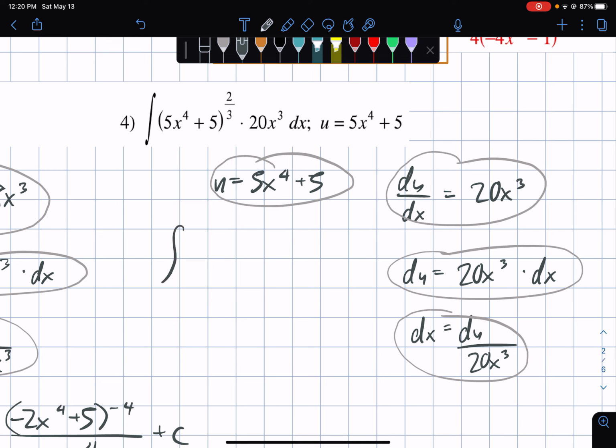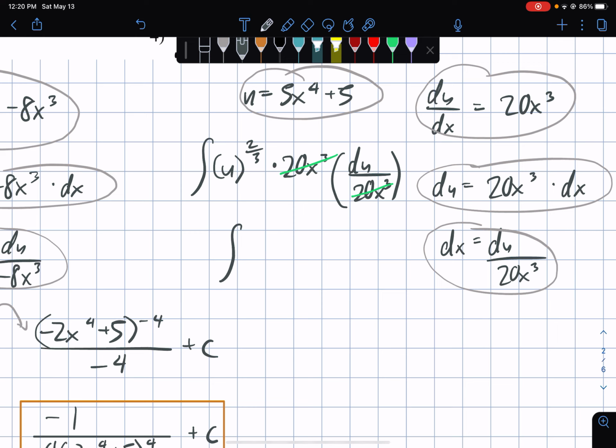Now we write this as u initially, and then raised to 2 over 3, and then times 20x raised to 3, then times dx. What is dx? That's du over 20x raised to 3. Now cancel these terms.